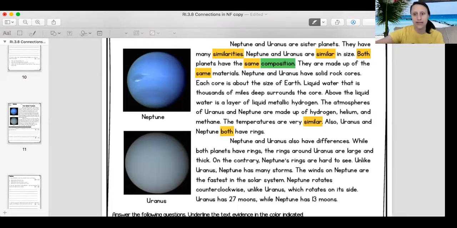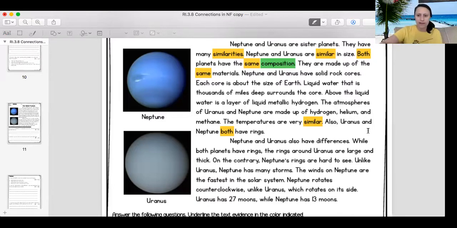Wow. Okay, let's just sit back and look at what has been highlighted in yellow. Those words: similarities, similar, both, same, similar, both. All of those words are talking about how they are the same. How are they the same?